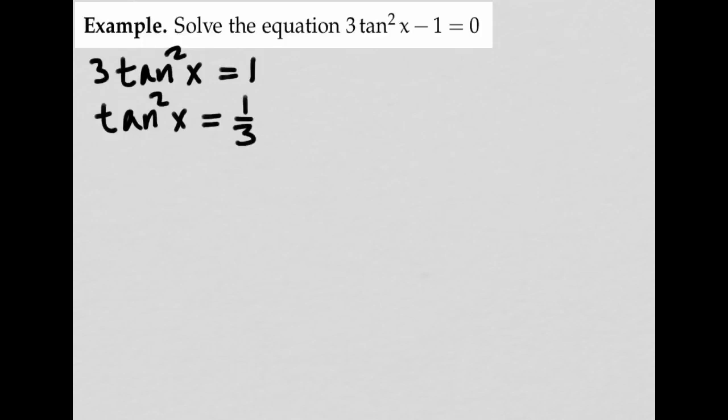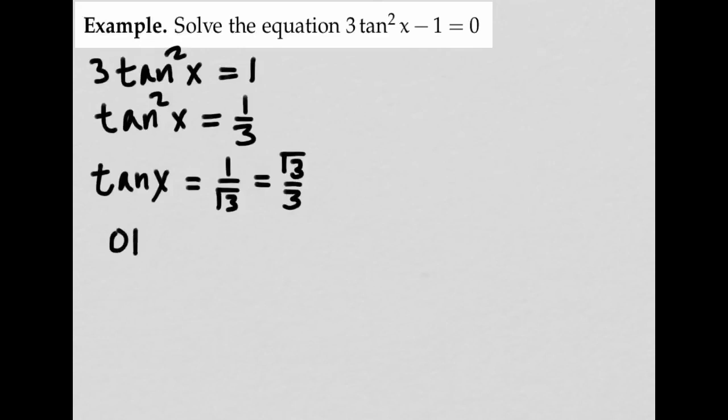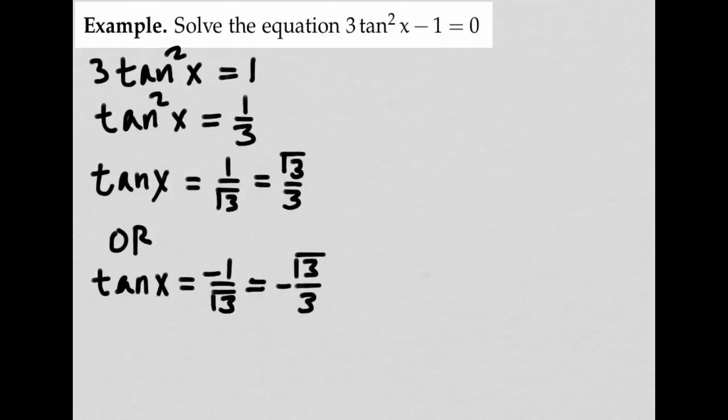Square rooting both sides, we get that tangent x is 1 over root 3, which is the same as root 3 over 3 if we rationalize the denominator, or tangent x equals minus 1 over root 3, which if we rationalize, we get minus root 3 over 3.